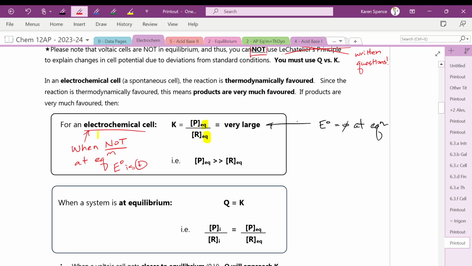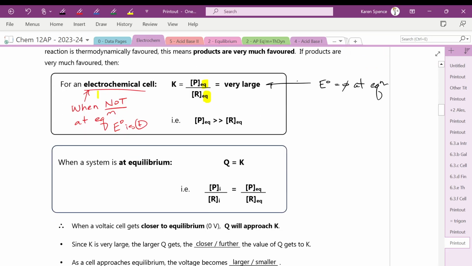Now, when a system is at equilibrium, Q is equal to K. So the initial concentrations are equal to the equilibrium concentrations when we're actually at equilibrium.